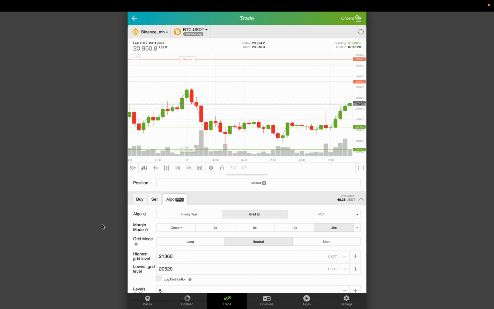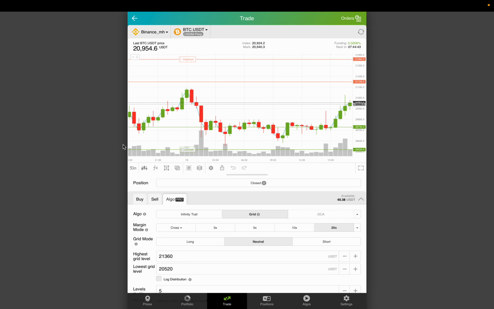Okay, so let's begin. Let's start with the neutral grid and recap its logic and strategy. So neutral grid is the grid which initially places sell orders above the market price and buy orders below the market price, and will profit from the volatility within the range of the grid.